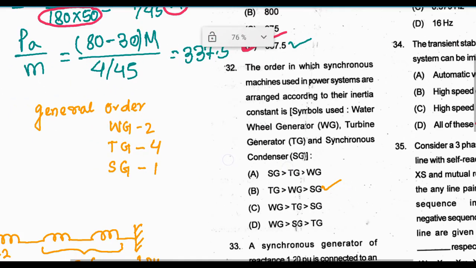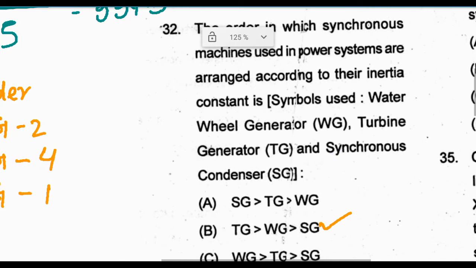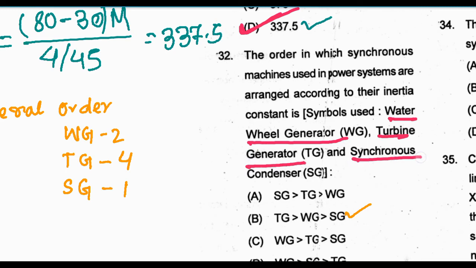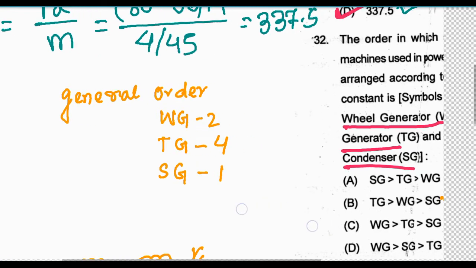The order in which synchronous machines used in power systems are arranged according to their inertia constant, with symbols used here: water wheel generator WG, turbine generator TG, and synchronous condenser SC. If we take these three devices, water wheel generator, turbine generator and synchronous condenser, the general order is this one.